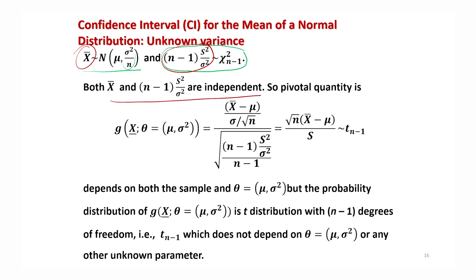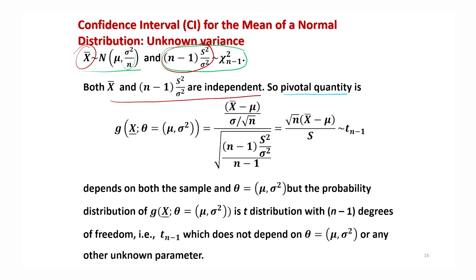If you recall, we had discussed that when we want to construct a confidence interval, we can use the pivotal quantity method, and for that we have to define a quantity whose probability distribution does not depend on any parameter.